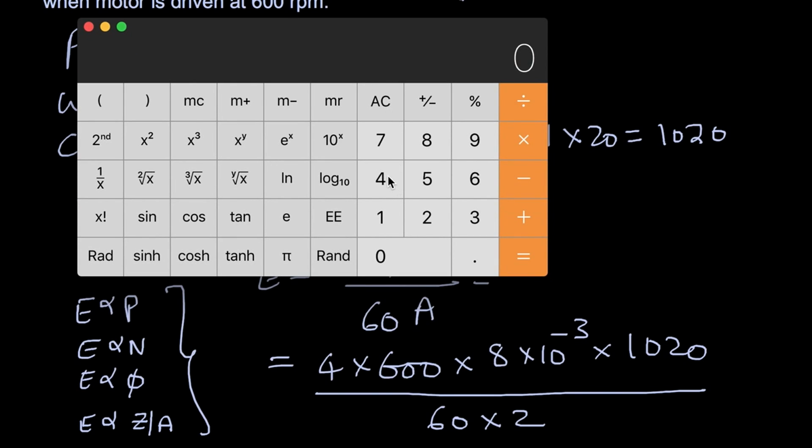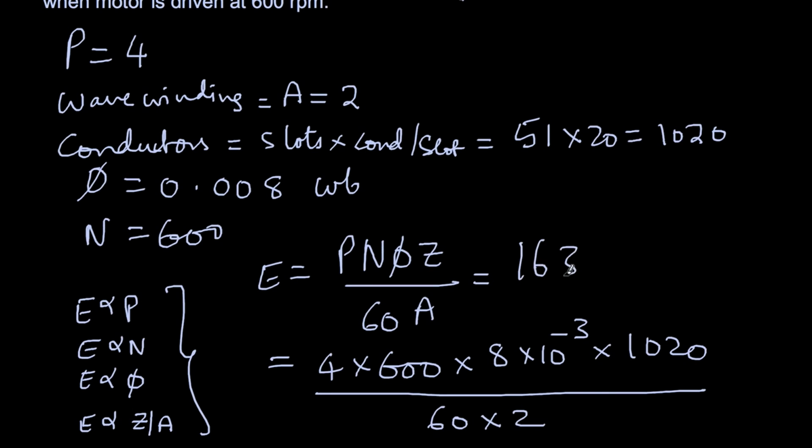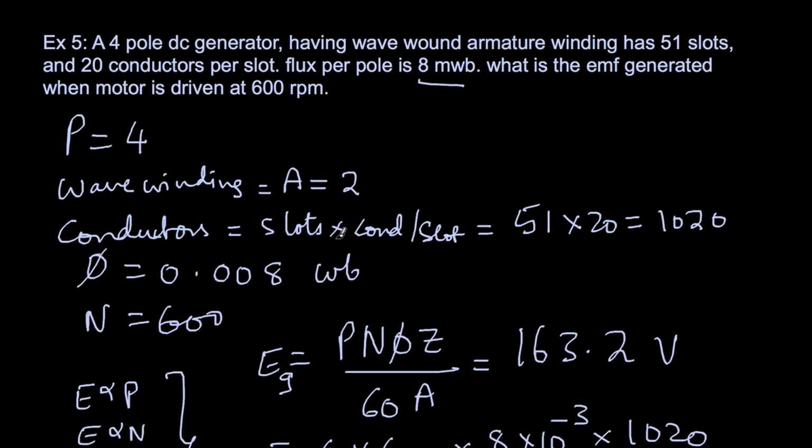In the numerator 4 multiplied by 600 multiplied by 0.008 multiplied by 1020, this entire divided by 60, and again divided by 2. I'm getting 163.2 volts. This is the EMF generated in the armature, which I think is what is asked in the question.